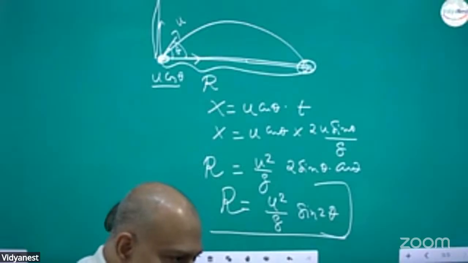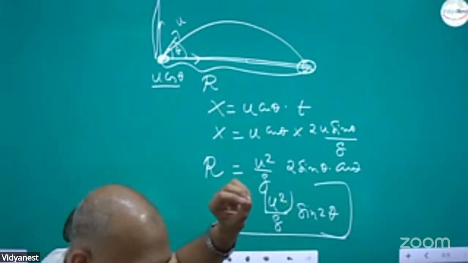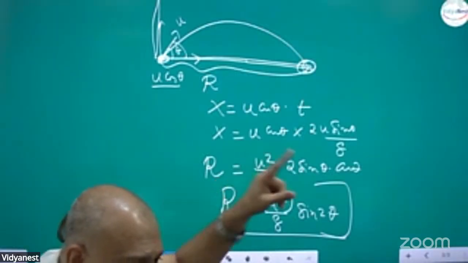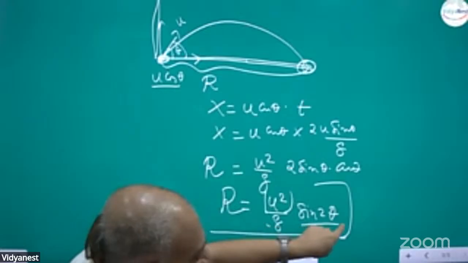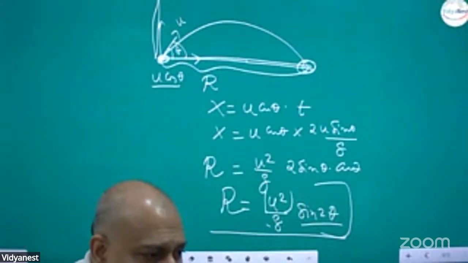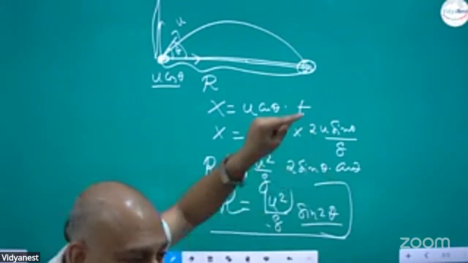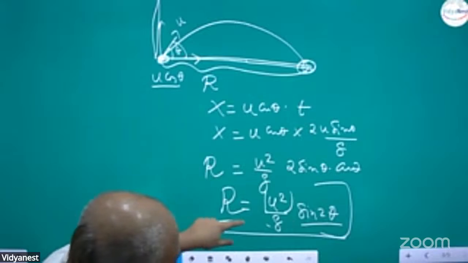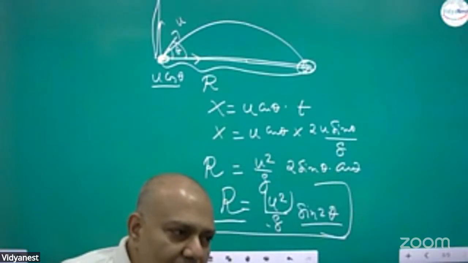Yes, sir. So now u is fixed, the velocity with which we can throw is fixed, and acceleration due to gravity is fixed. So when sine 2 theta becomes maximum, then the range is going to become maximum. Understood? Very good.